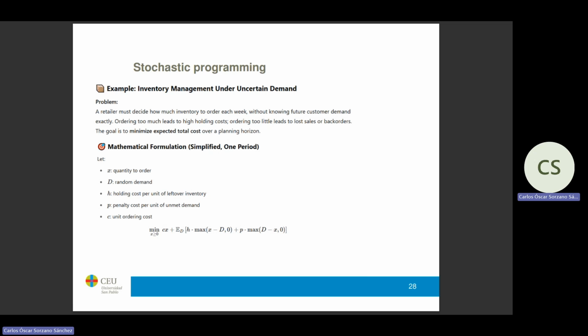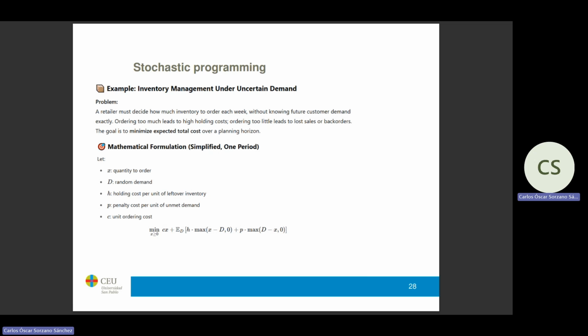But the demand is random. So if the demand is random, then this is a value that depends on a random value. And then the best thing we can probably do is just take the expectation with respect to the distribution of the data. And then you want to minimize that.